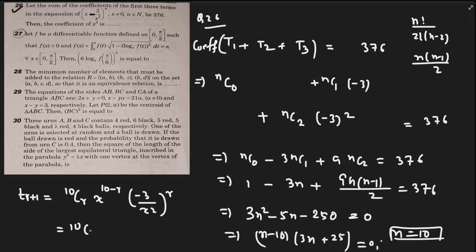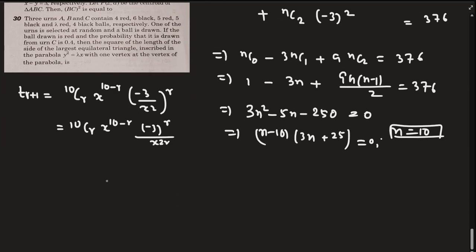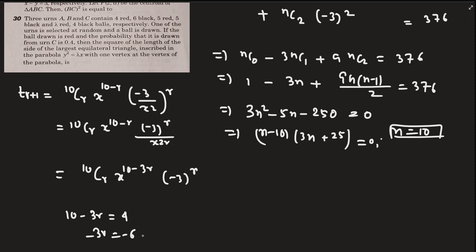So you have 10Cr x^(10 minus r), then (minus 3)^r, and x^(2r) in the denominator. Taking x^(2r) to the numerator, it will be 10Cr x^(10 minus 3r) times (minus 3)^r. By the condition, 10 minus 3r is equal to 4. So 3r is equal to 6, r is equal to 2. We have got r equal to 2.